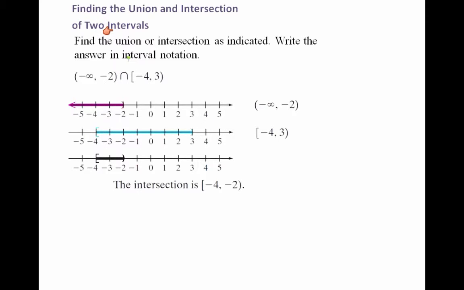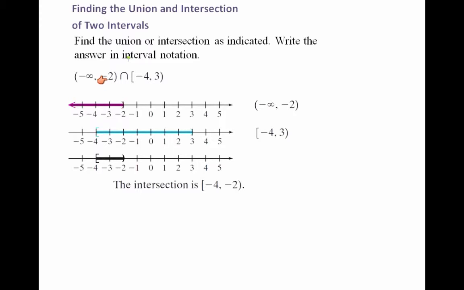Finding the union and intersection of two intervals. In this case, we want to know what we have in common between these two intervals: negative infinity to negative 2, and negative 4 to 3. So let's go ahead and graph these. Negative infinity to negative 2 would be all the numbers from negative infinity up to negative 2.